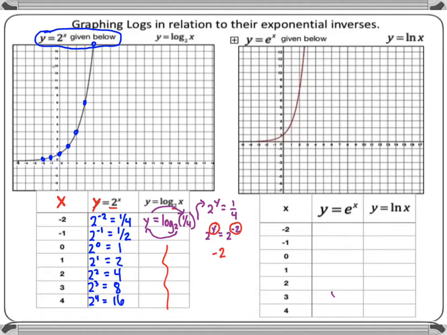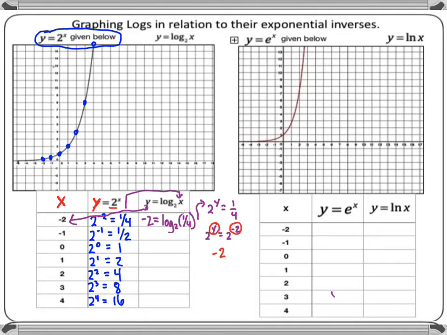So backing up and demonstrating the relationship: when we plug in the y value to the x value here, we get that x value out. So the x and y's switch places all the way down.